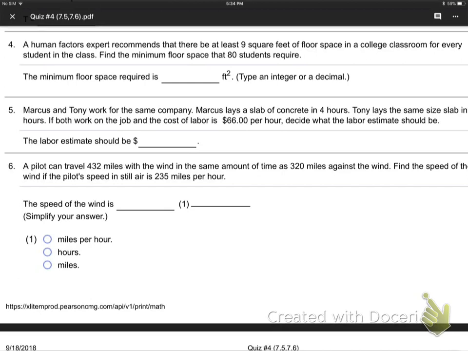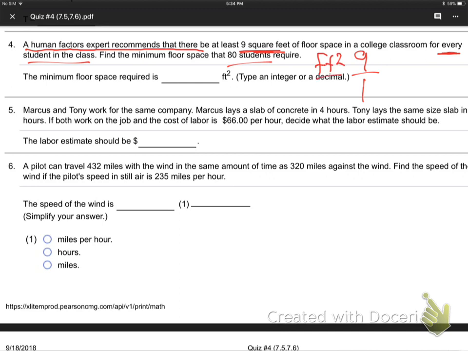So number 4 here says a human factors expert recommends that there be 9 square feet of floor space for every student in class. How much for 80 students? So 9 feet for every 1 student.